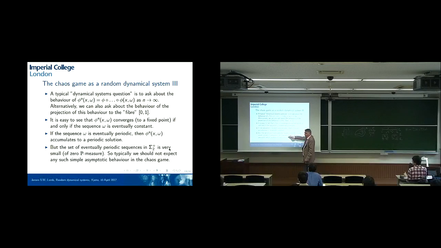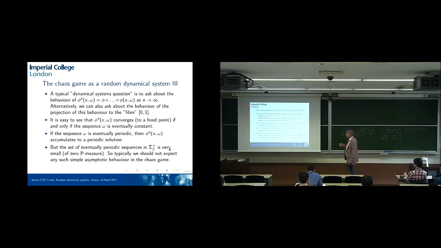If I just draw an arbitrary element of omega, it will usually not be eventually periodic and also not eventually constant. So these things are not interesting. When I look at the dynamics, I'm not very interested in behavior which covers some kind of zero-measure set of events on the symbol sequences, because this is not really typical behavior.